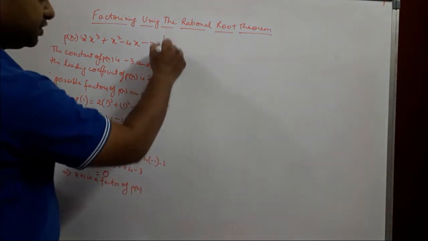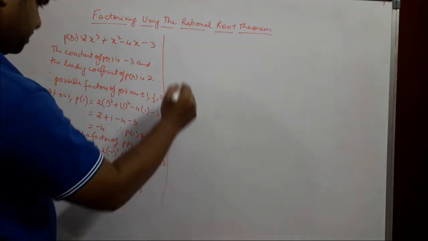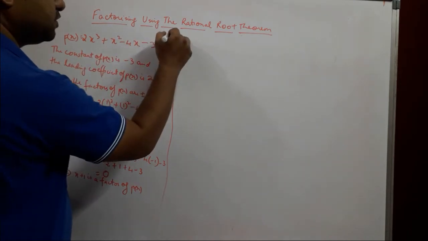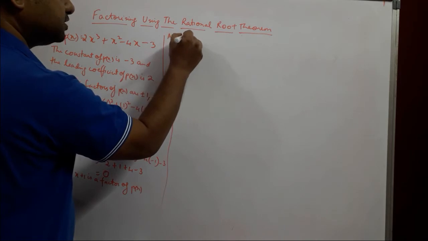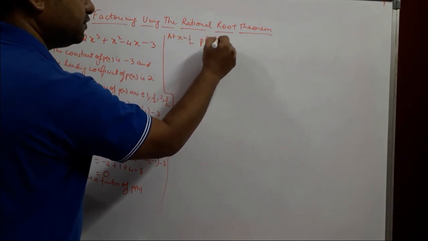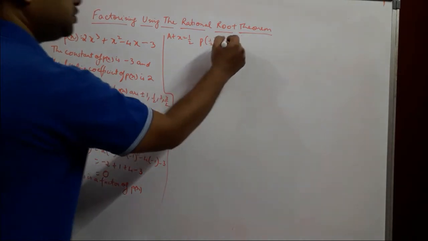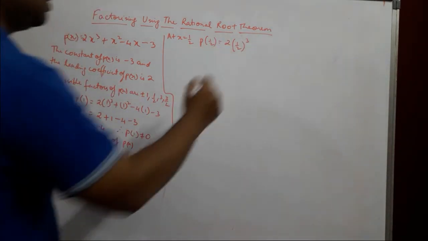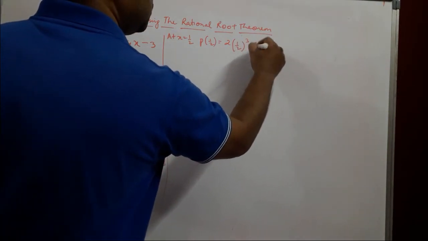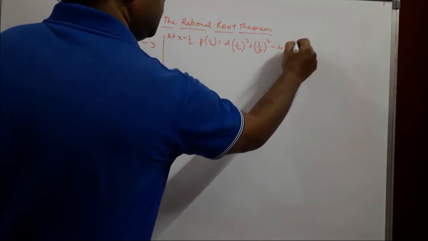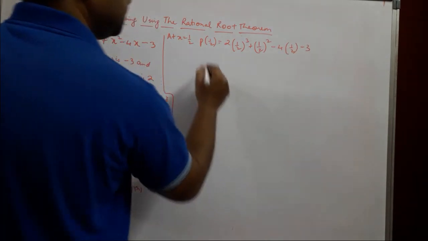Okay, so x plus 1 is a factor of p of x. Now let's check for the next one. That would be half. So we'll start with x equal to half. So we put p of half and we check. 2 into half whole cube plus half whole square minus 4 into half minus 3.